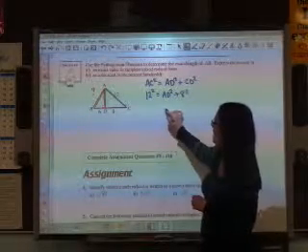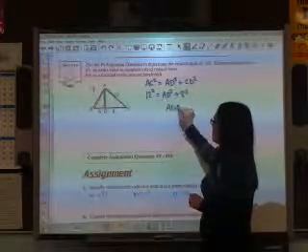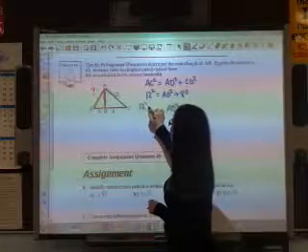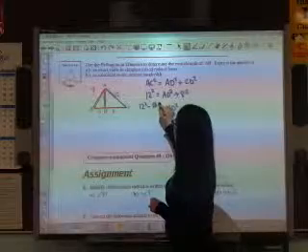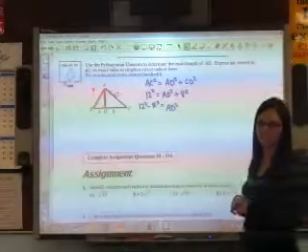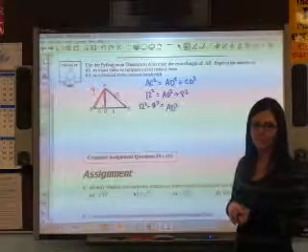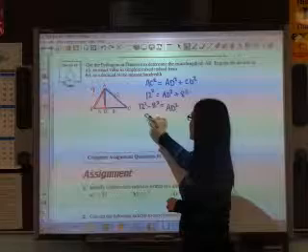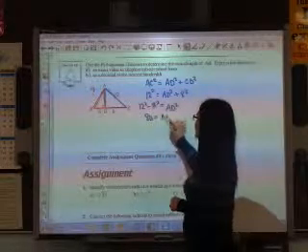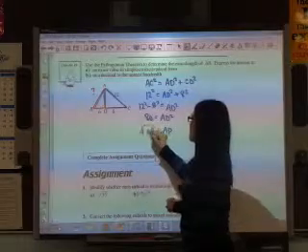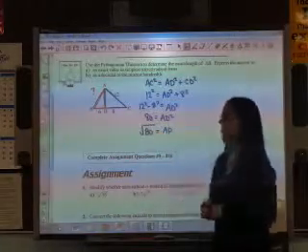To get AD squared by itself, what method would I use? Subtracting. And what is 12 squared minus 8 squared? 80. So then AD would be the square root of 80.